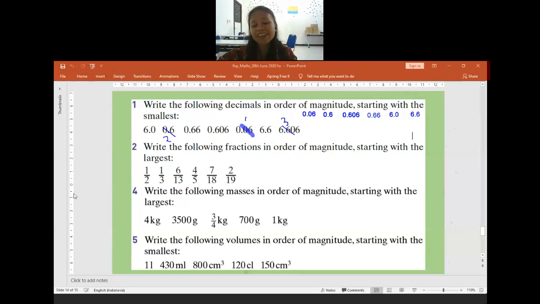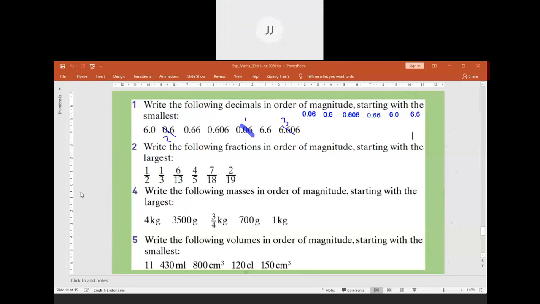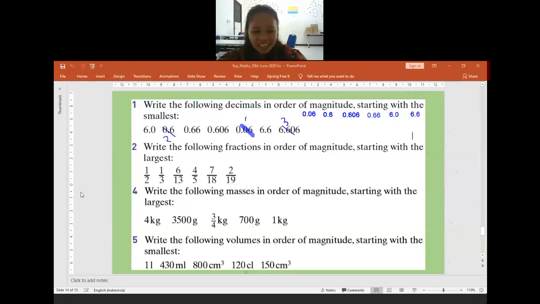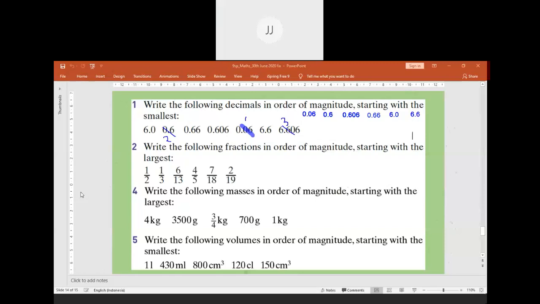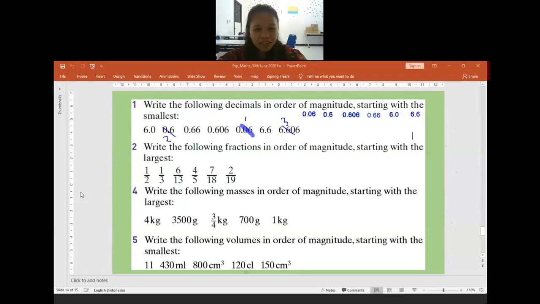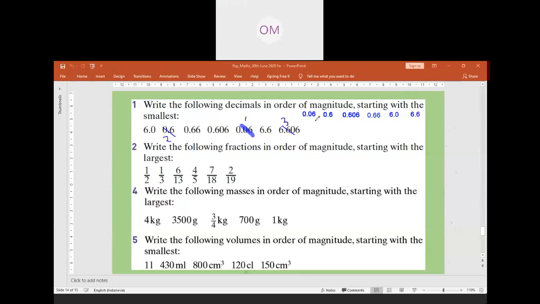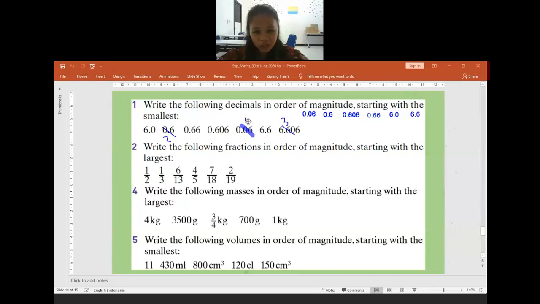No, teacher, that's not what I mean. Where the teacher put the number. 0.06. Okay.